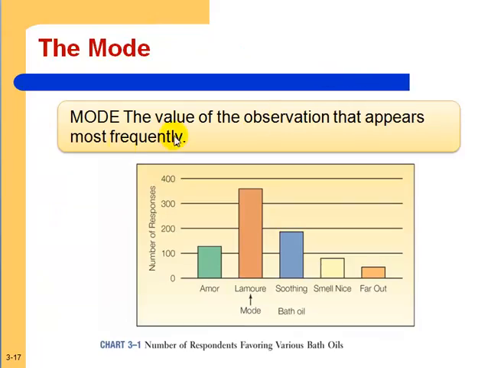Mode. Mode is the value of the observation that appears most frequently. So for this table, we can tell the mode is this one, the observation that appears most frequently. Let's check another example.